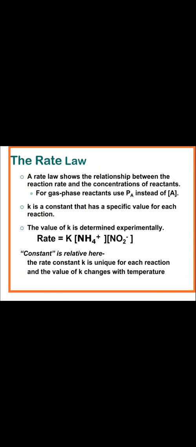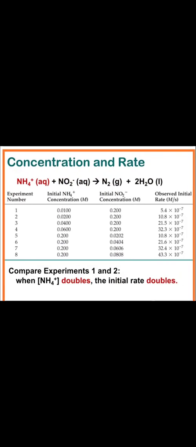Now we have to see a specific reaction of ammonium and nitrite ion. That is, the reaction and experimental data is given. NH4 plus aqueous reacts with NO2 minus forming N2 gas and water.